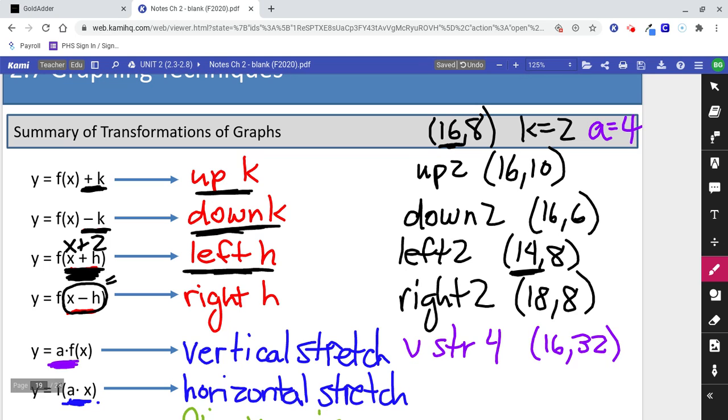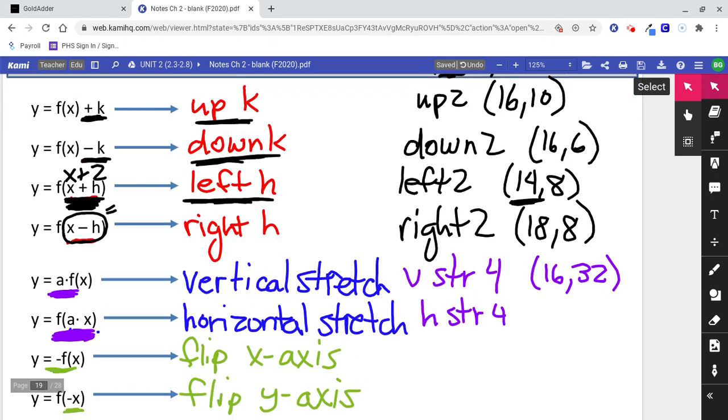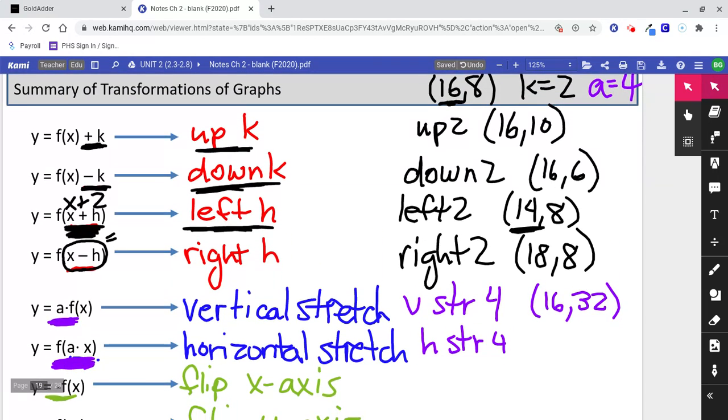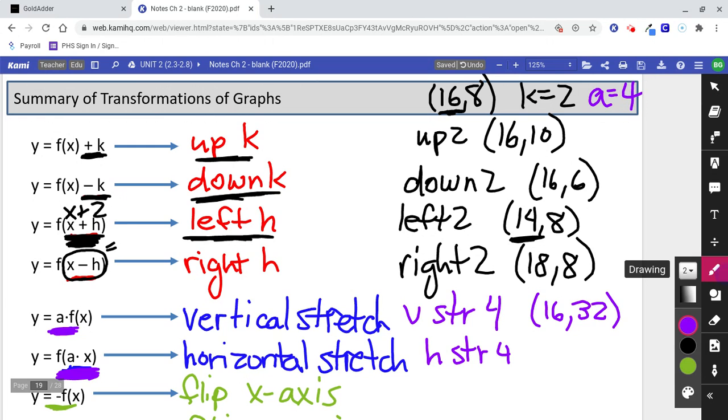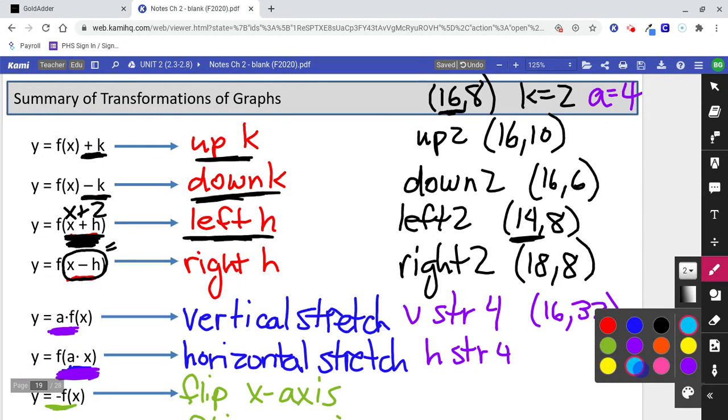The next one is a horizontal stretch. If you're going to do a horizontal stretch by 4, this one's the weird one. This is where it gets confusing, because what has to happen is, if you think about it, this thing right here has to be 16.